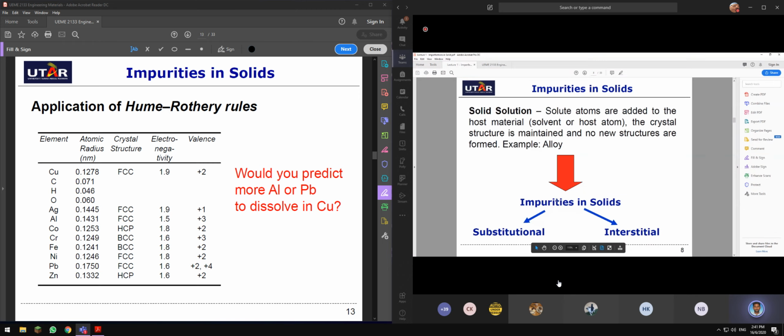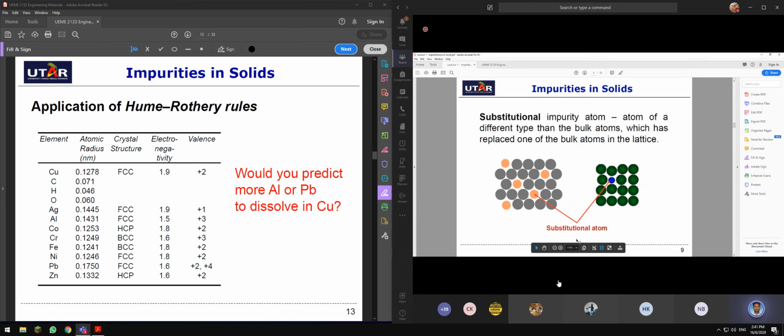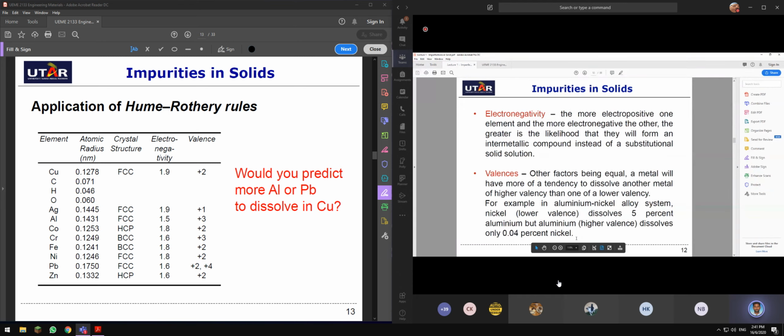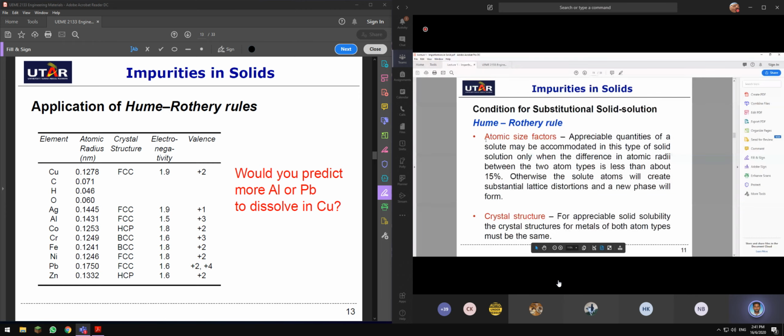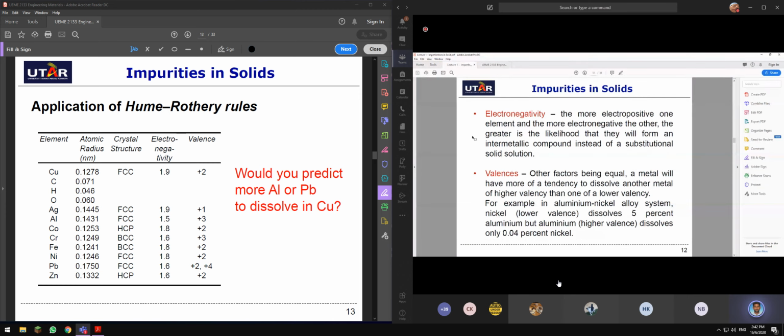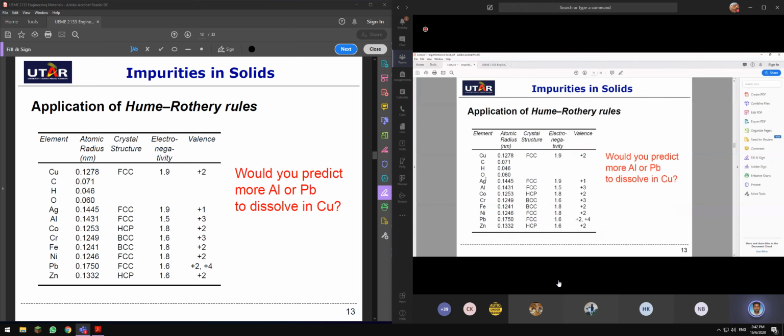And then impurities in solid solution, you have substitutional and interstitial as well. The rules that govern solid solution, according to Hume-Rothery, are four: atomic size factor, crystal structure, electronegativity, and valence.